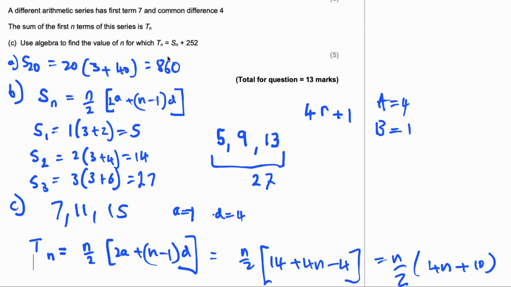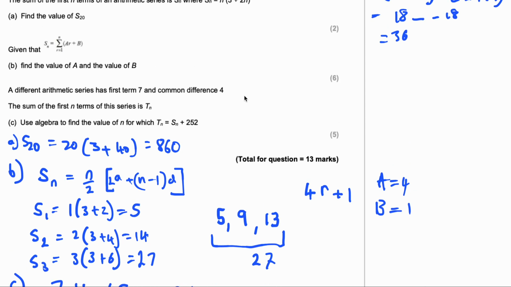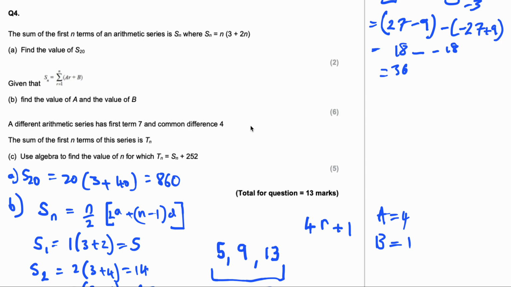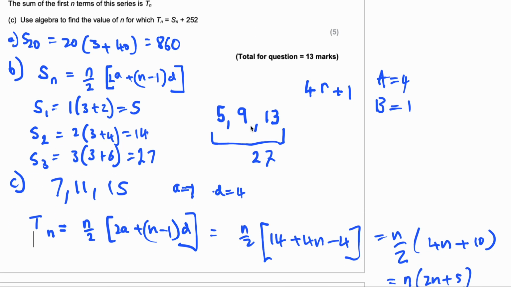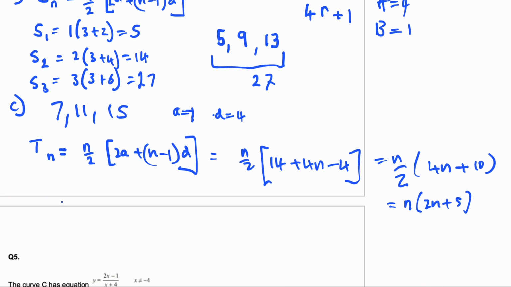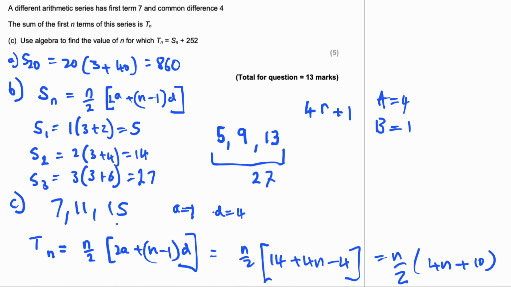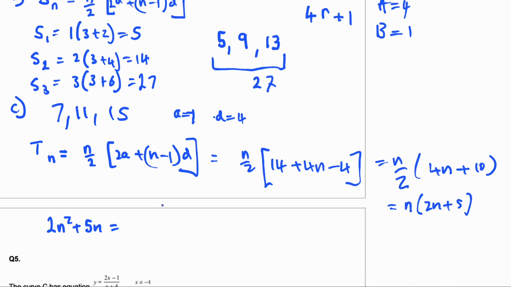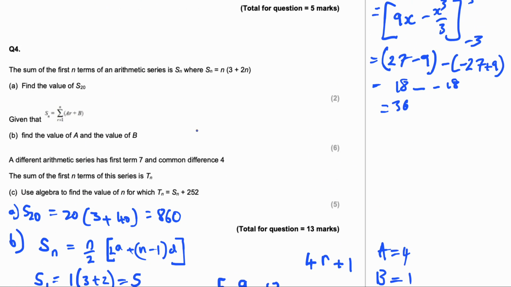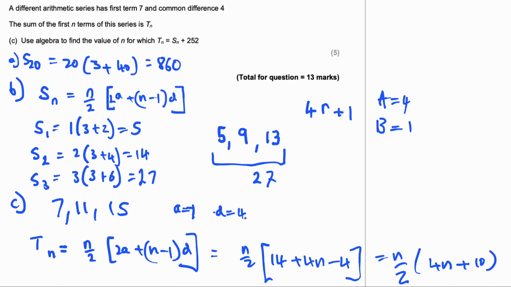And now we know the sum of the first n terms in our previous sequence is n times 3 plus 2n. So we solve that. So we end up with 2n squared plus 5n equals 252, and Sn is 3n plus 2n squared.